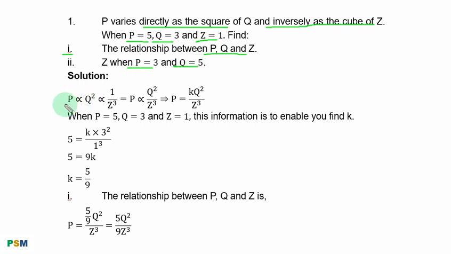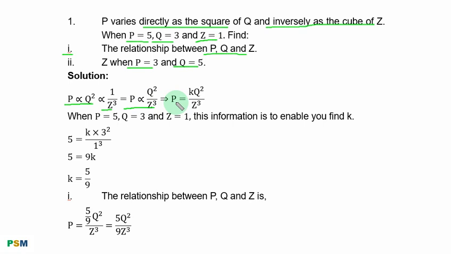Solution: P varies directly as Q square and inversely as Z cube. You have it in this form. To continue, we need to replace the symbol of variation with equality sign.